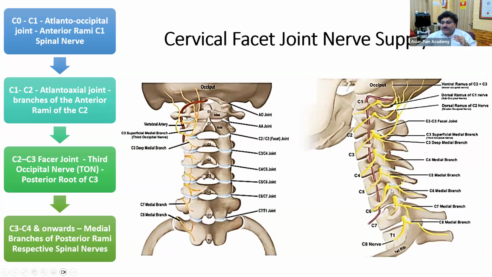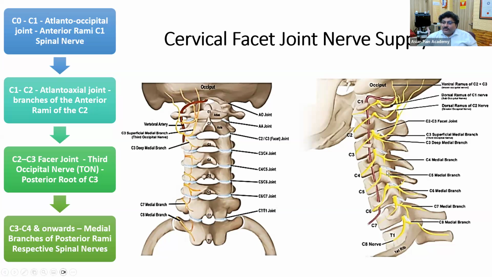So these are the facet joints, this is the facet joint. So this area is in between a facet joint and it goes posteriorly from here and then it divides and supplies one branch to the facet joint above, one branch to the facet joint below, and there is another muscular branch which is given to the multifidus muscle.